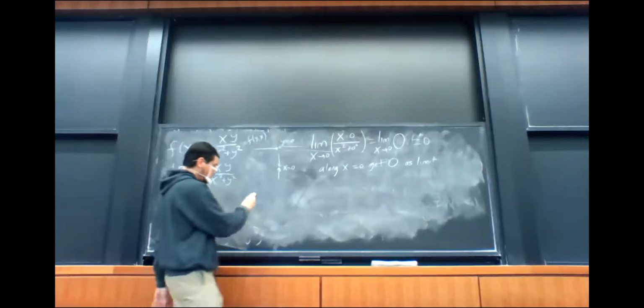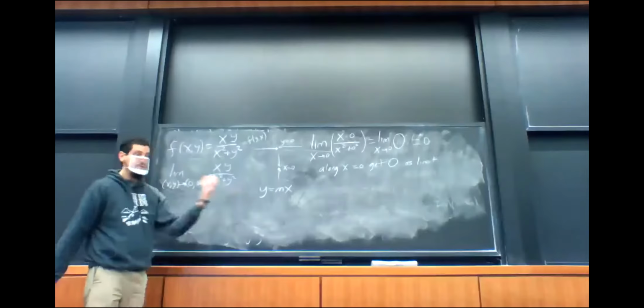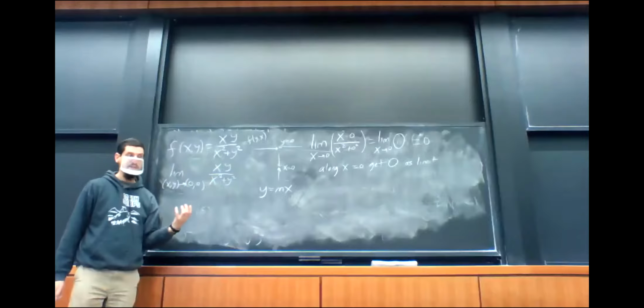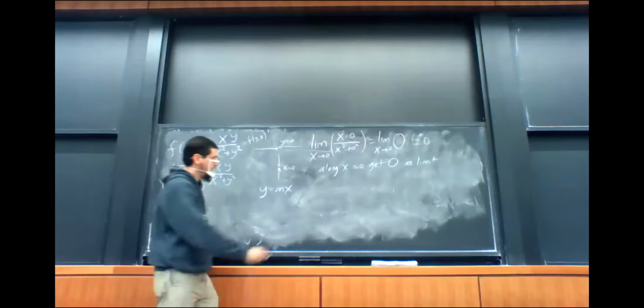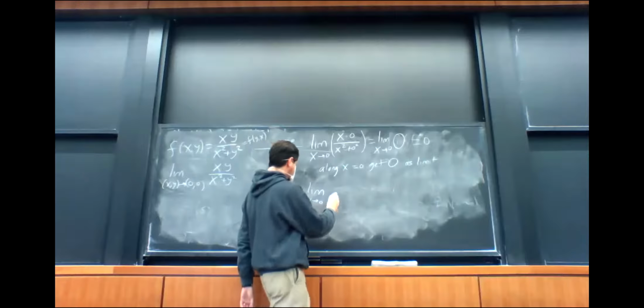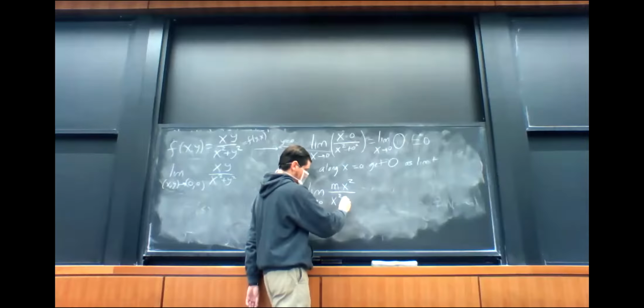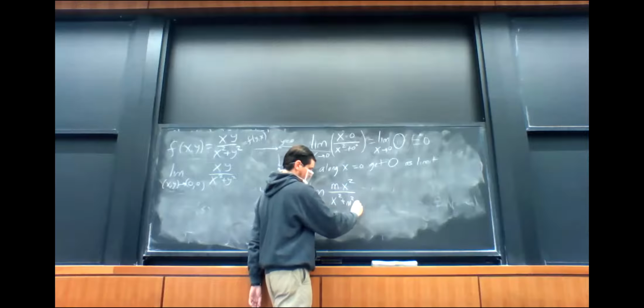Can someone give me another path to check? y equals x. Or more generally, let's try y equals mx. If I put in the parameter m, I can check all those lines simultaneously. If I do that, I get the limit as x goes to 0 of m x squared over x squared plus m squared x squared.